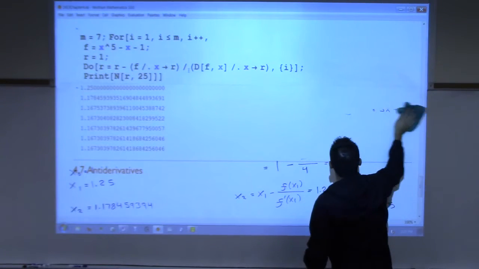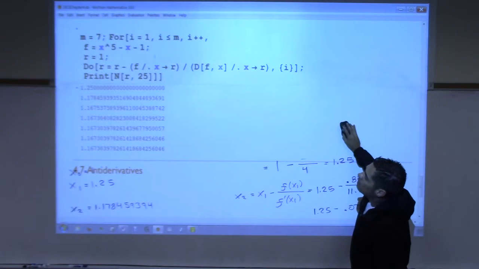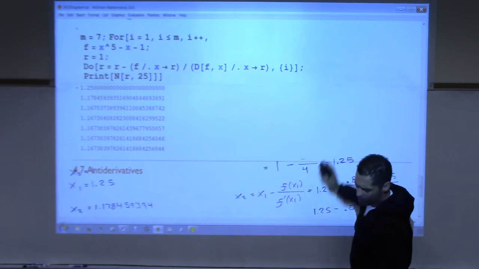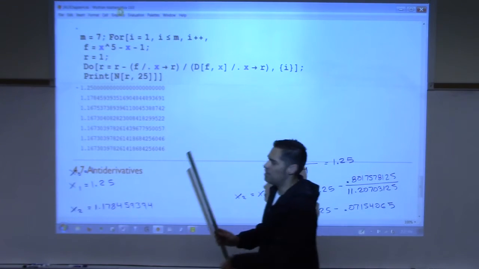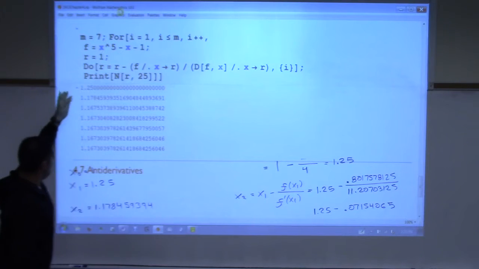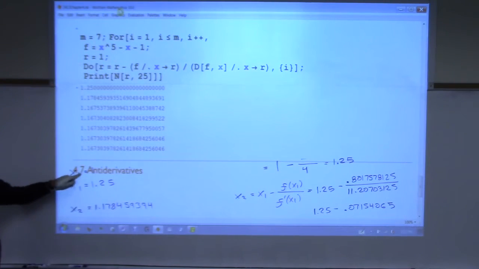All right. Now, I think I changed the function here. We started at 1, right? Yeah. Okay, good. This is perfect. So I have this doing it for us. And what it does is it ran it, and it spit out, well, r equals 1 in my code means that the first one is 1. All right? So there's 1. And then the next one we got 1.250.